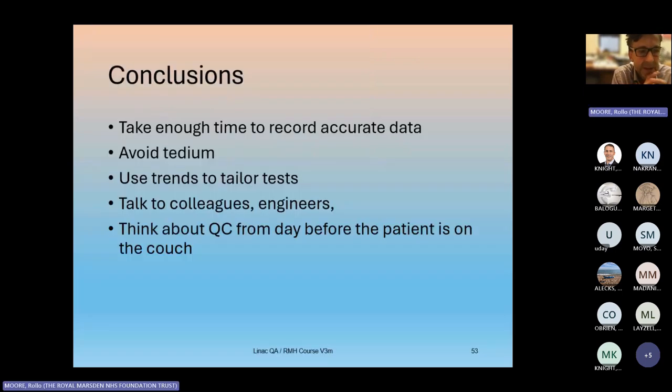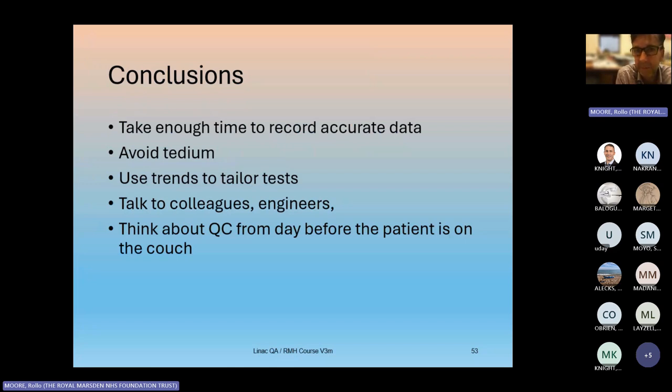So to conclude, I'd say it's crucial to take enough time to record accurate data, and it's even more important to avoid tedium, because doing long hours at the LINAC or the CT scanner is very difficult to maintain attention. And using the trends of how data have been behaving in the recent time and the distant time is important.